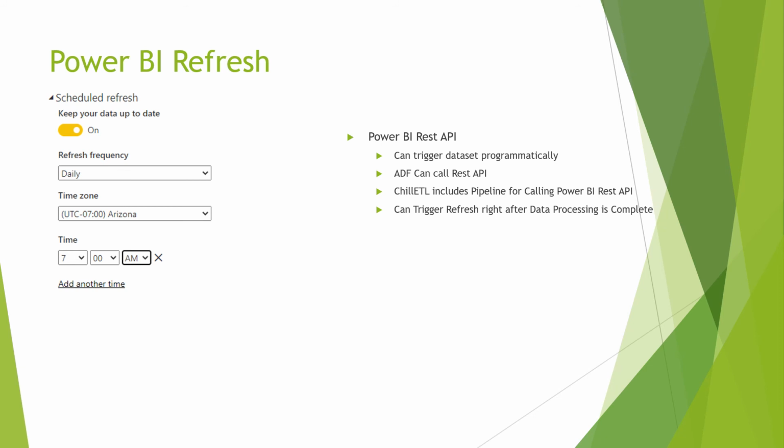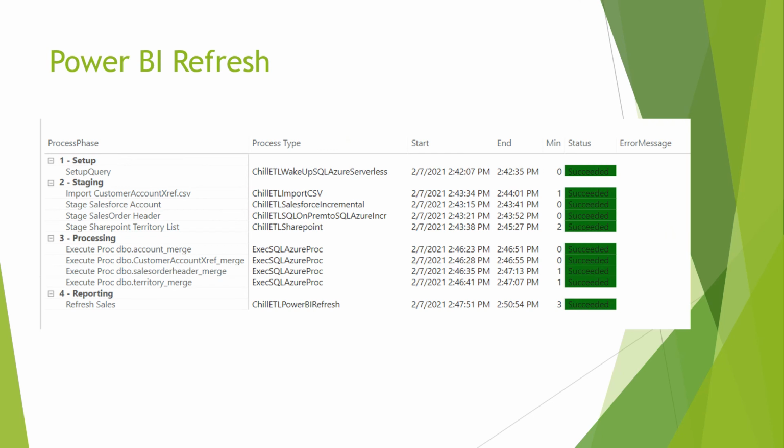So that template that we provide, you would just create a pipeline in Data Factory, import the template like was demonstrated earlier, plug in the metadata, which is basically the name of the workspace the Power BI report is in and the data set, and that's it. You would end up being able to have your report run right after your processing is complete.